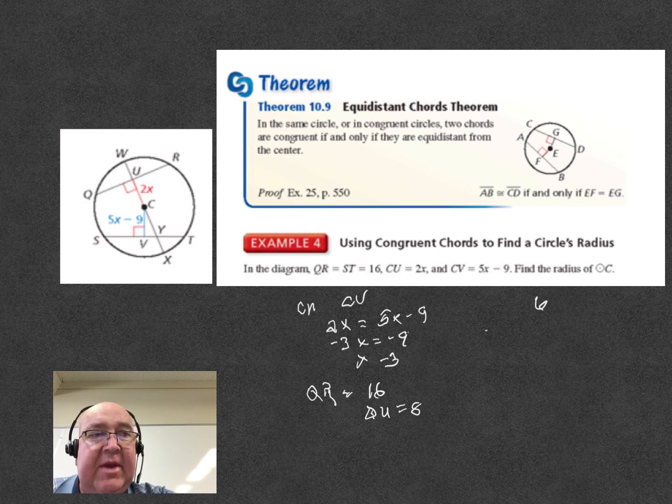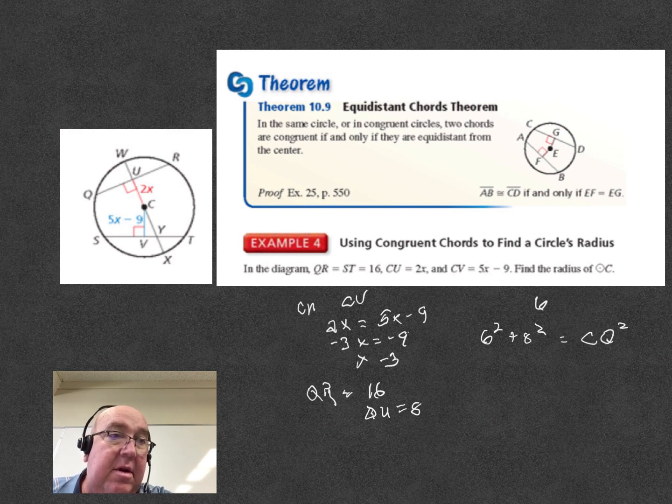So we're going to have 6 squared plus 8 squared equals CQ squared. We get 36 plus 64 is equal to 100, which is equal to CQ squared. So CQ is going to be 10.